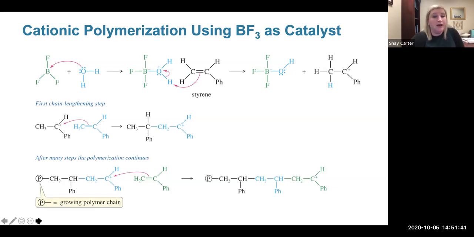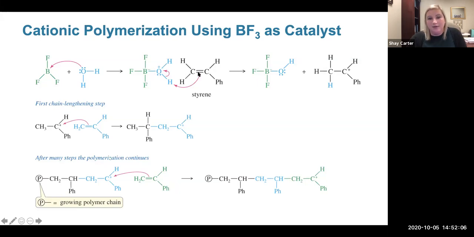Boron trifluoride can also be used as a catalyst, such as in polystyrene, like styrofoam. So we have our first propagation step where we have water that attacks the boron trifluoride, creating this complex.